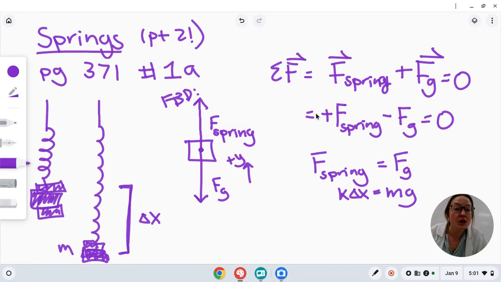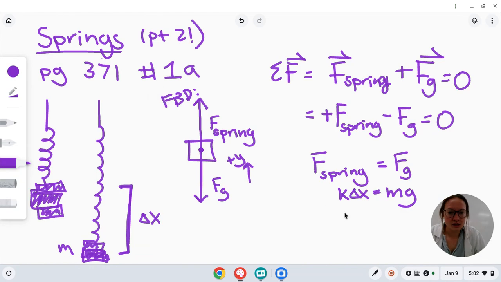I already took care of direction here. I already said that the spring force is in the opposite direction of the way that gravity is pulling on the mass. So gravity is pulling the mass down, the displacement is down, but the spring force is acting up. So I have already taken care of direction here, and I do not need a negative sign anymore because I took care of the direction myself. Is this track with everybody?